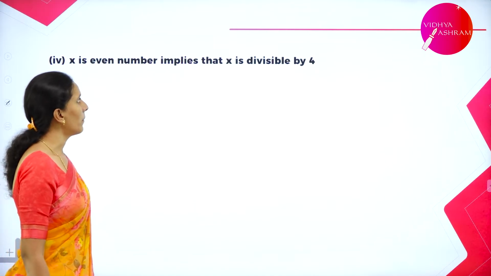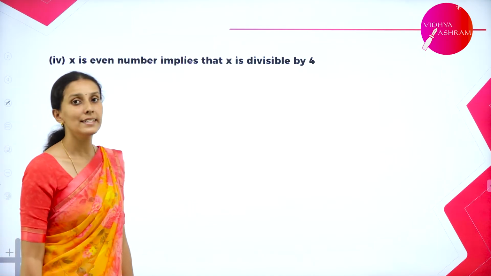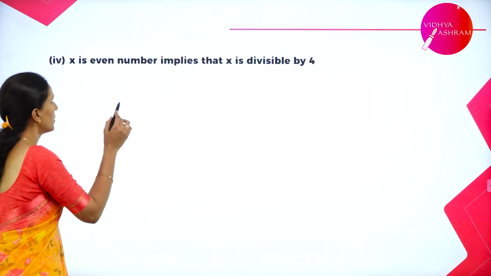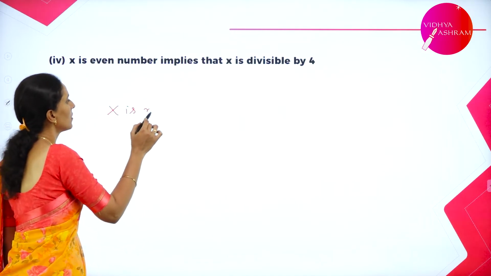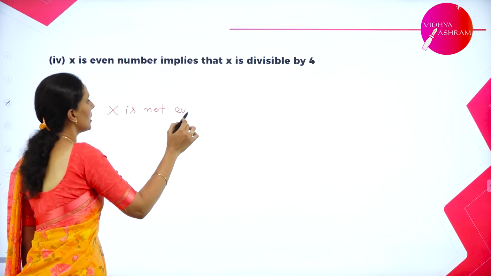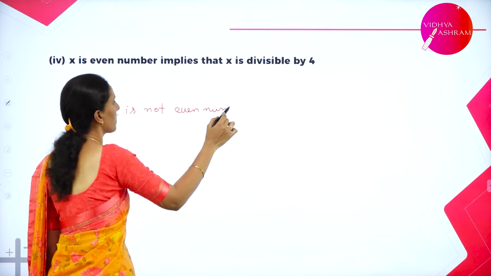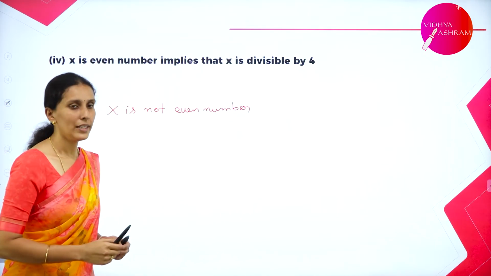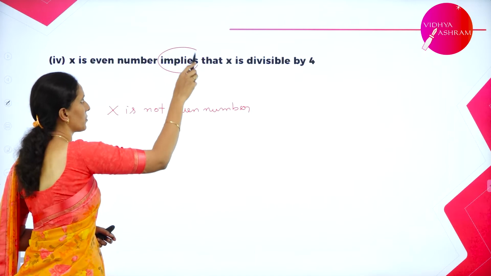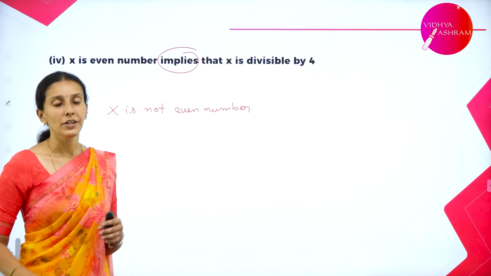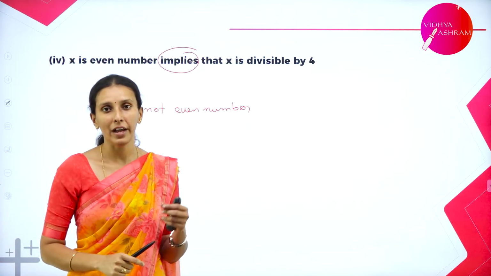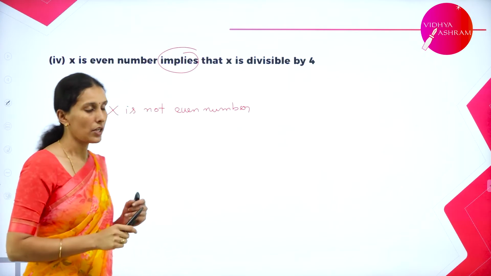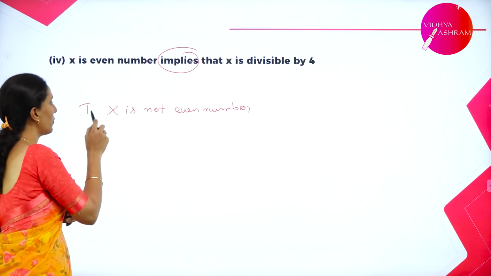x is an even number implies that x is divisible by 4. Here the word implies is used, so instead of implies, you have to use the if-then form while writing the contrapositive and converse. We have to start the statement with if.